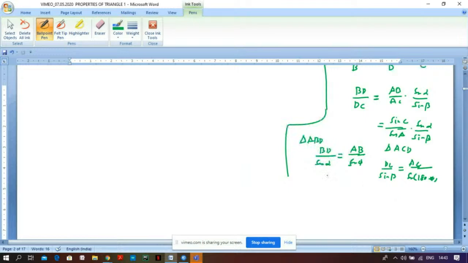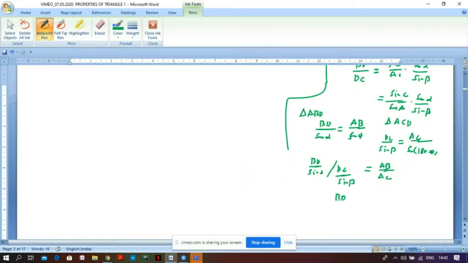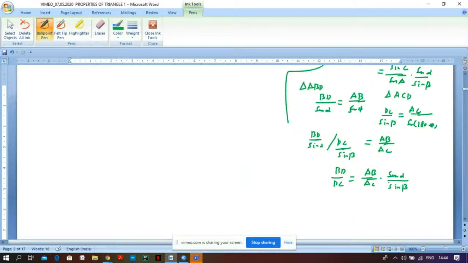So once I divide them or equate sine phi from both sides, BD over sine alpha and DC over sine beta, I'm dividing one by the other, and that equals, now sine phi goes away, we are left with AB over AC. And so that proves that BD over DC equals indeed AB over AC, times sine alpha here and sine beta here.